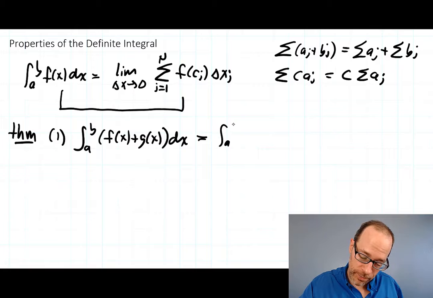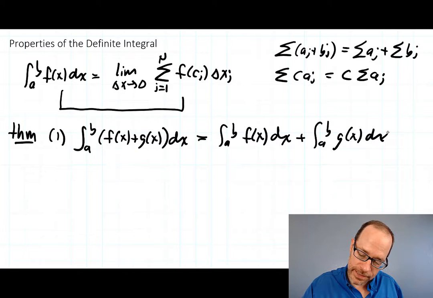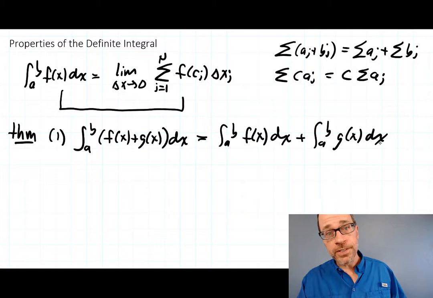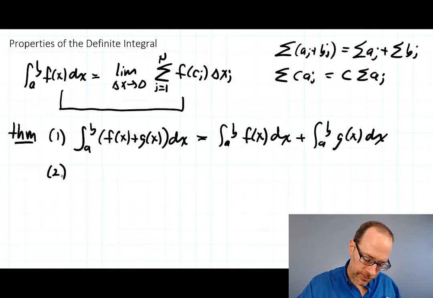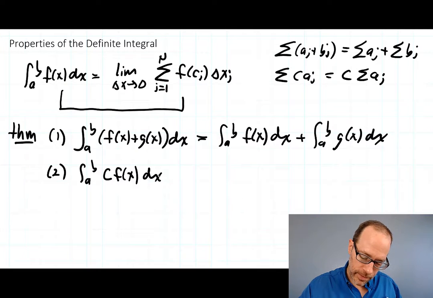So it is the integral from a to b, f of x dx, plus the integral from a to b of g of x dx. In other words, the integral of a sum is the sum of the integrals. And similarly, for constants from a to b, a constant times a function, that pulls outside of the integral sign.